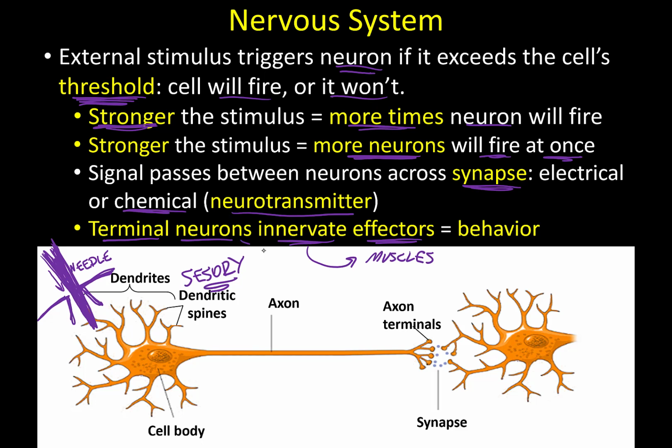These terminal neurons carry commands that tell the effectors what to do. This is ultimately what results in what we describe as a behavior. So neurons can either be sensory, where they're collecting sensory information, or they can innervate effectors, where they're going to cause movement or behaviors to occur.